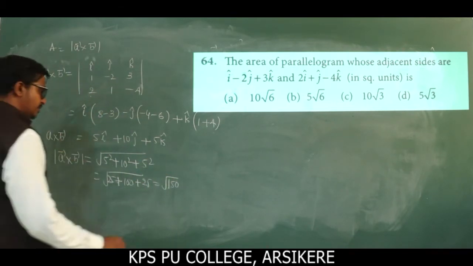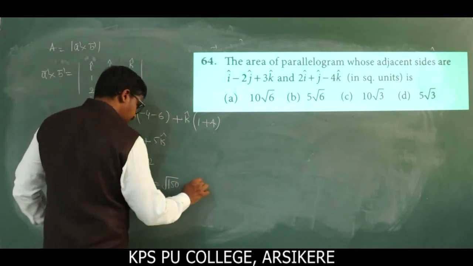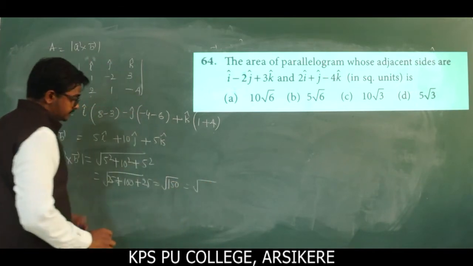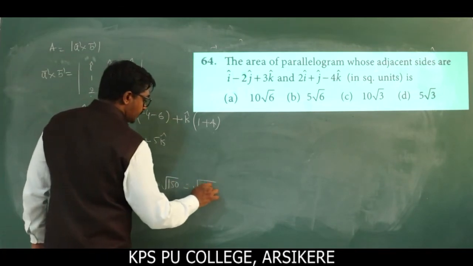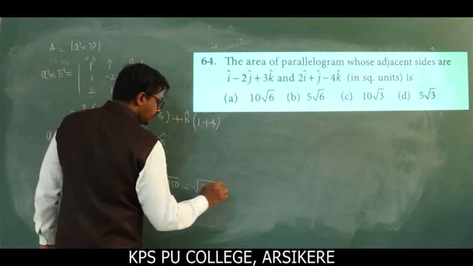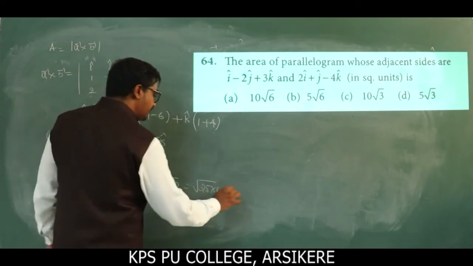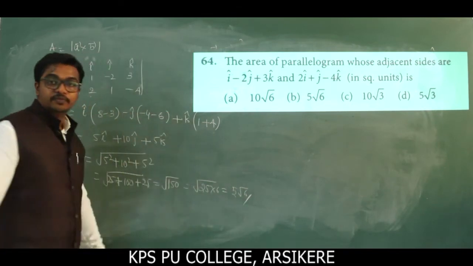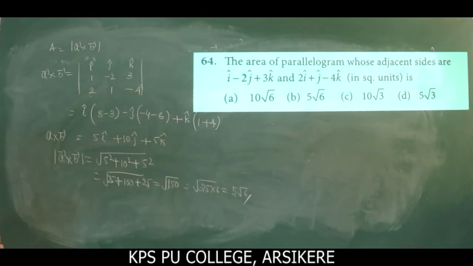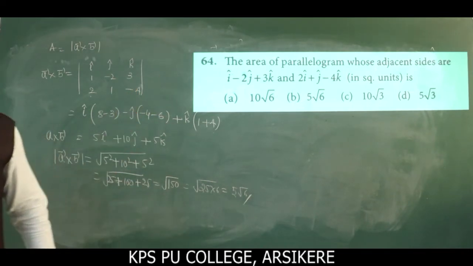Square root of 150 can be written as square root of 25 into 6, right? Square root of 25 is 5. Therefore 5 root 6 is our answer. Understood, children? 5 root 6. Take a pause and note down all the things written here, and here option B is the right answer.